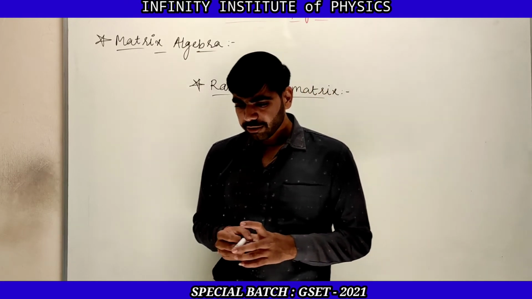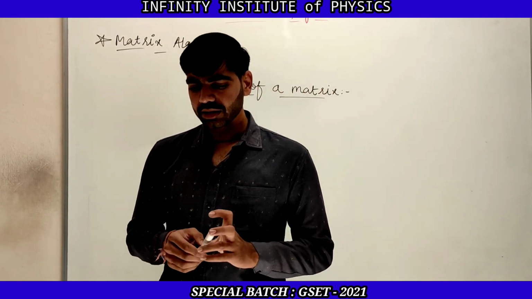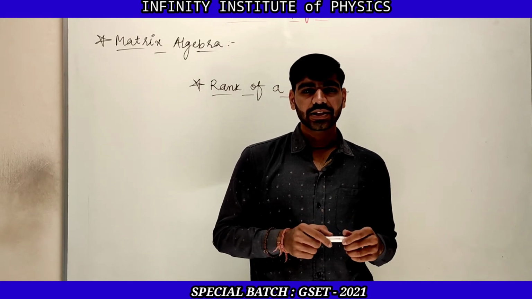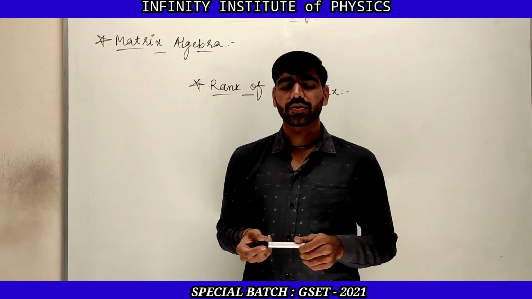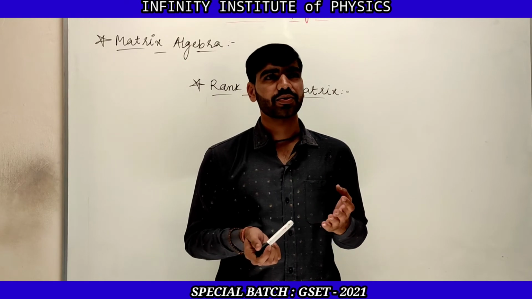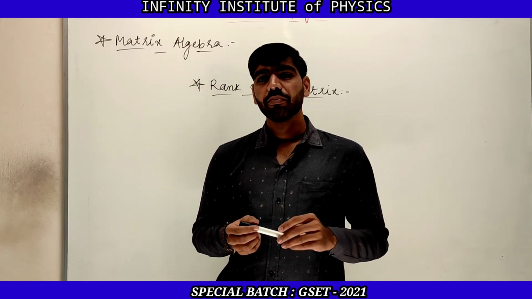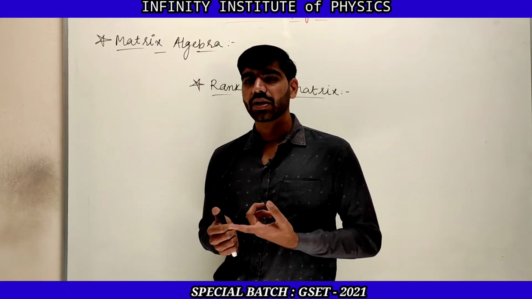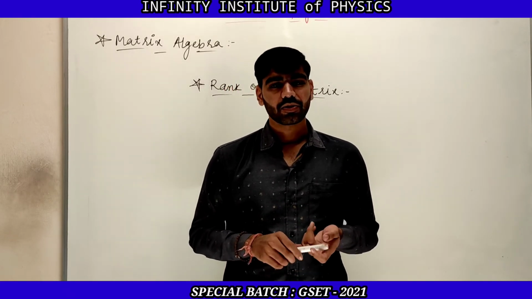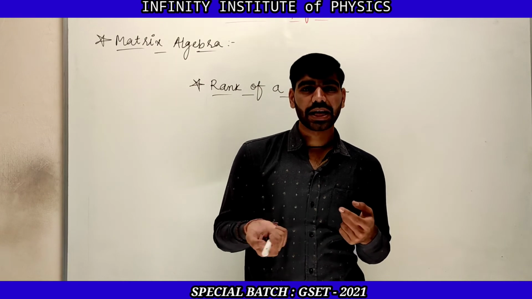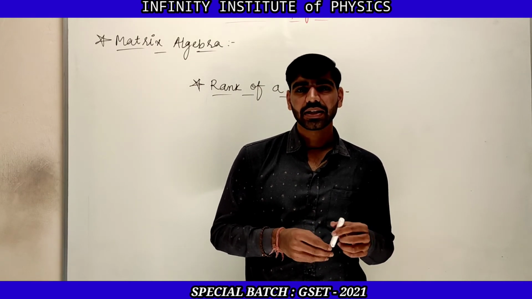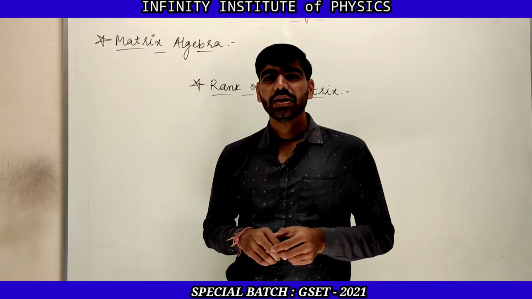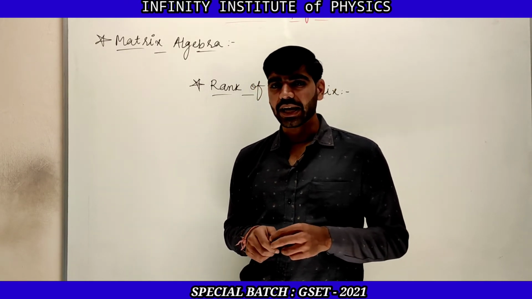So for rank of matrix, there are certain methods to find it, and there are many methods using which you can find rank, but they are too lengthy a process. One of the methods is row echelon form: you can find the row echelon form of the matrix, and directly from that you can say that there are n linearly independent rows, and so the rank of matrix will be n.